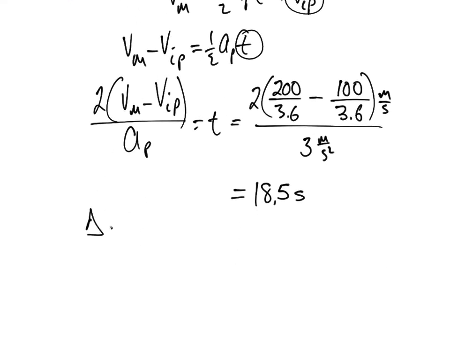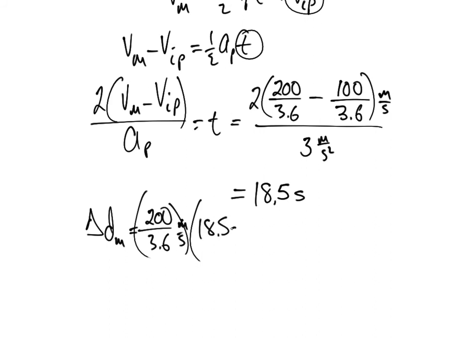So solving for delta D motorcycle, that's going to give me 200 divided by 3.6 meters per second, and multiply that by the time of 18.5 seconds, and lo and behold, I'm going to get something like 1028, I think.